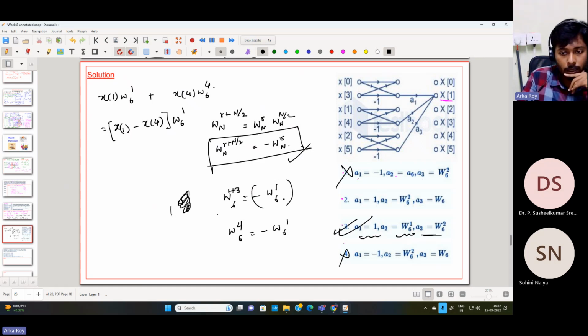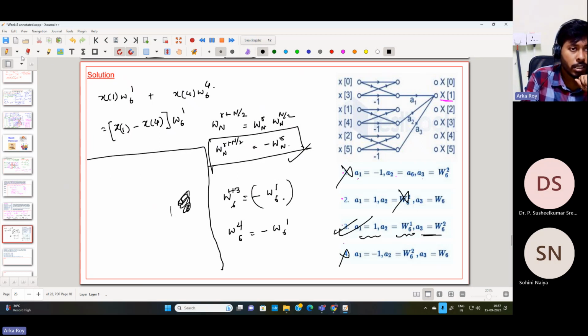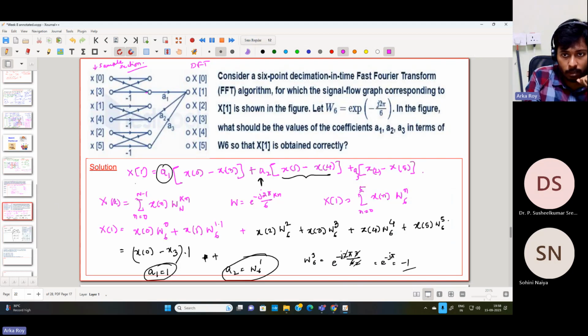So let me just stop solving for this A3. I can conversely say that option 3 is the correct one, because A2 cannot be W2 to the power 6. If I just solve the last part also, that will not take much time. I can write it like this for W. Let me check which of the conditions are next.